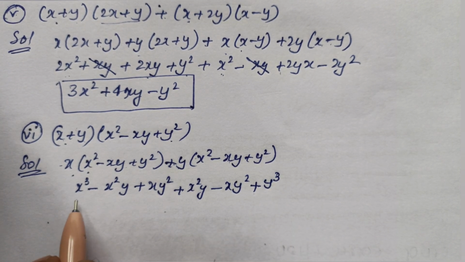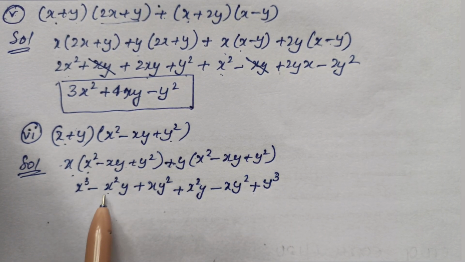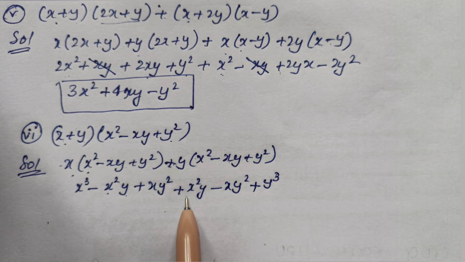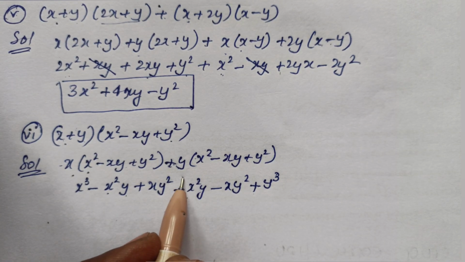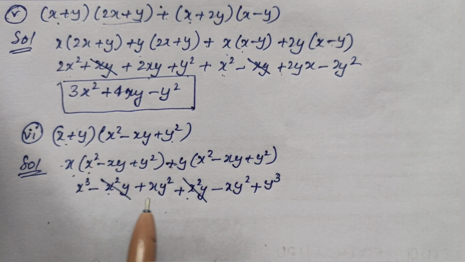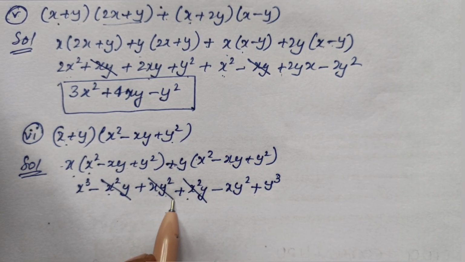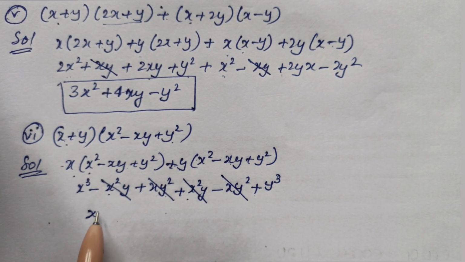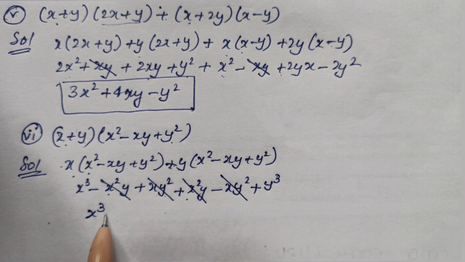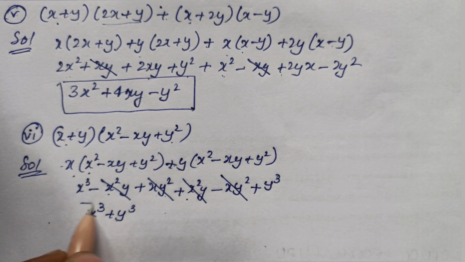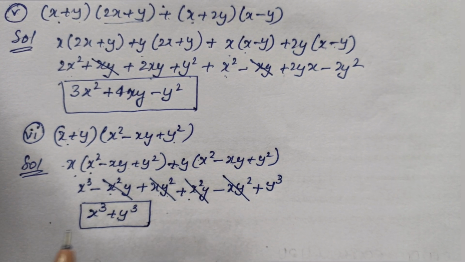So this can be written as: we see here minus x square y plus x square y, we can cancel it, plus xy square minus xy square, we can cancel it. Now the answer is x cube plus y cube, the final answer.